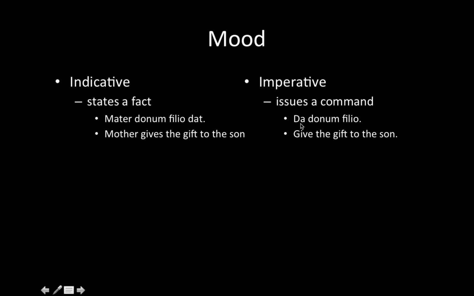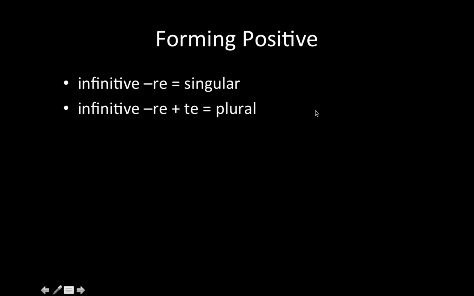So I still have my verb, it's just now in a different mood, and I'm saying give. I'm issuing a command, but I'm still giving the direct object to the indirect object. So all that's really changing here with the imperative is we are stopping from stating a fact, and we are instead issuing a command.